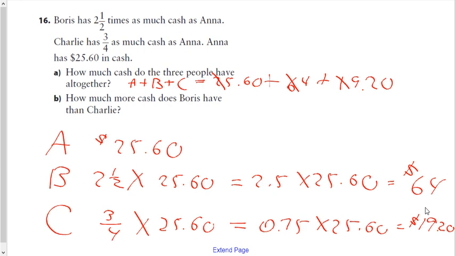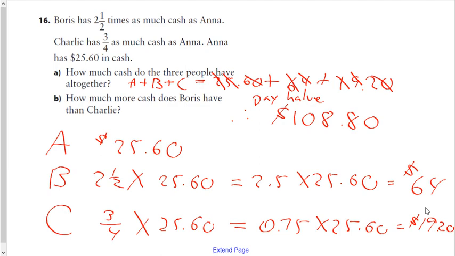What's 20, 60, and 10 make? 90, right? 99, 103, 108, 108.80. Therefore, they have $108.80.